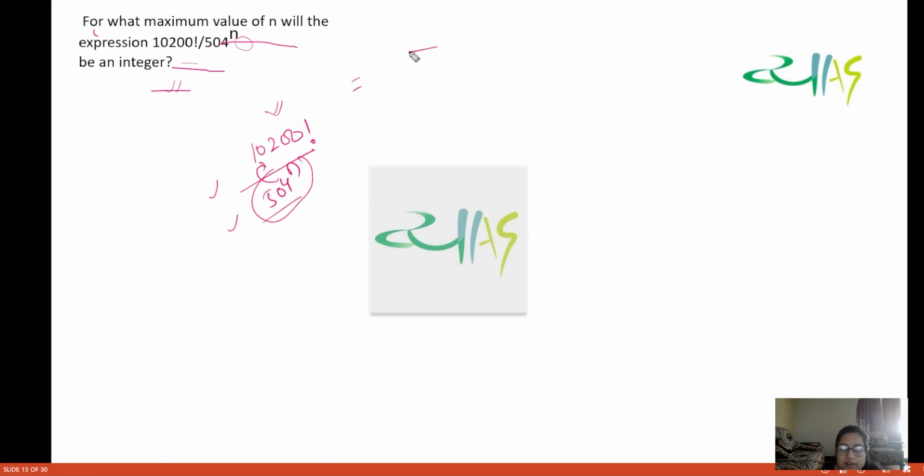We just have to divide 1020 by 504. If it is completely divisible, then write the greatest integer that you are getting by dividing. If it goes by a higher power of this, then still do this.